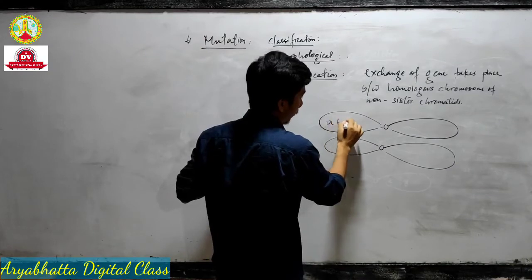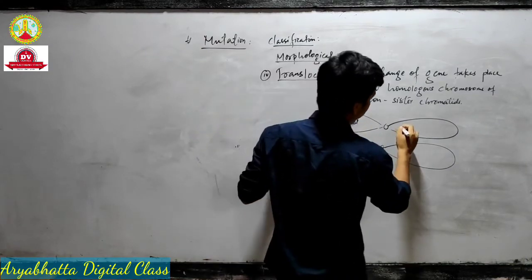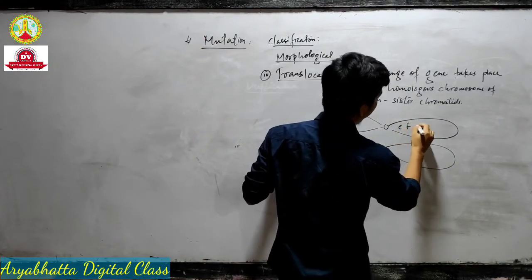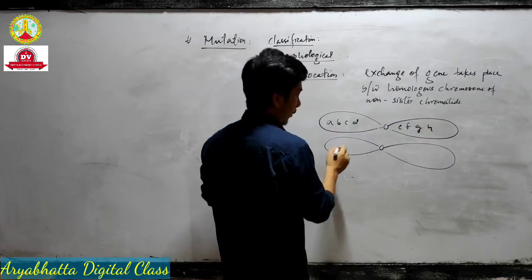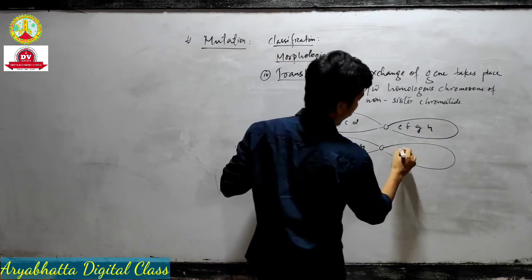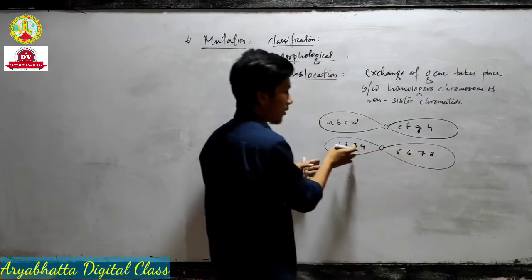Suppose we have genes A, B, C, D, E, F, G, H on one chromosome and 1, 2, 3, 4, 5, 6, 7, 8 on the other. These are the genes for our concern.